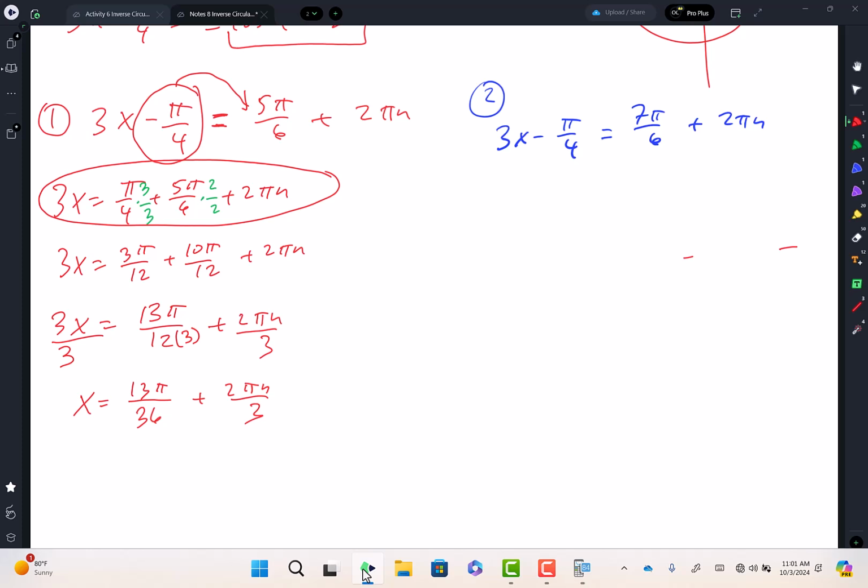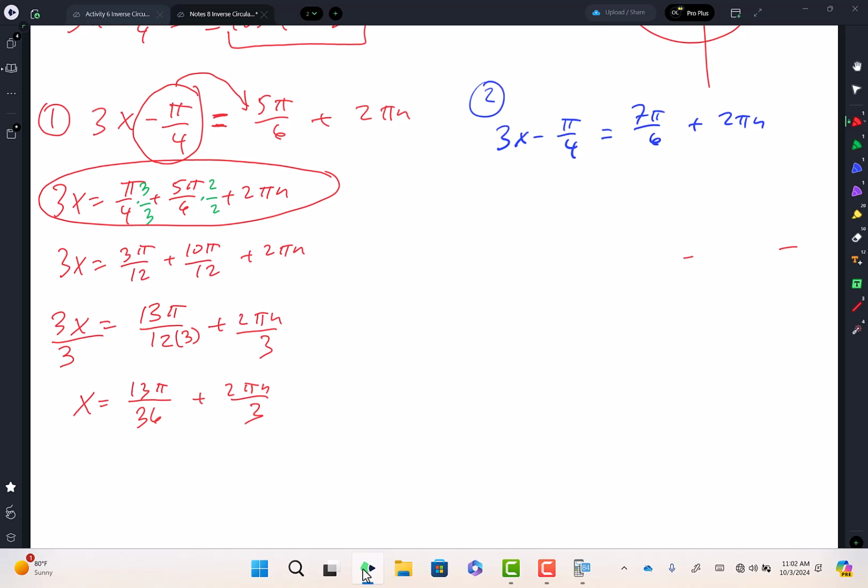What's up? Why did you make it 2 pi n? Why did you put 2 pi over n, like, instead of doing just 1? I don't know what you mean by instead of just doing 1. Because if you're just doing 13 pi over 12 by 3, it would be 13 pi over 12 times 1 over 3.